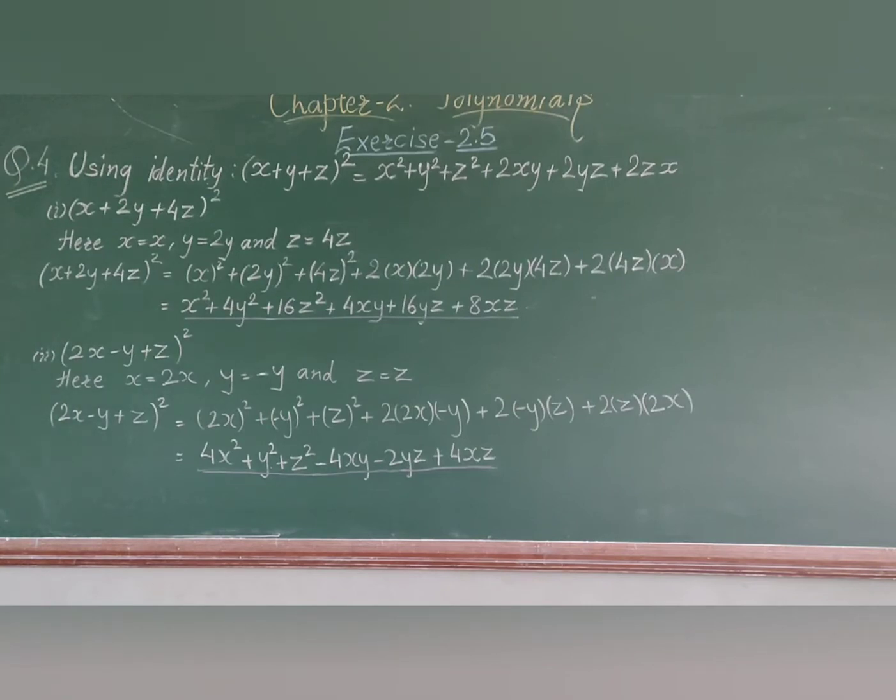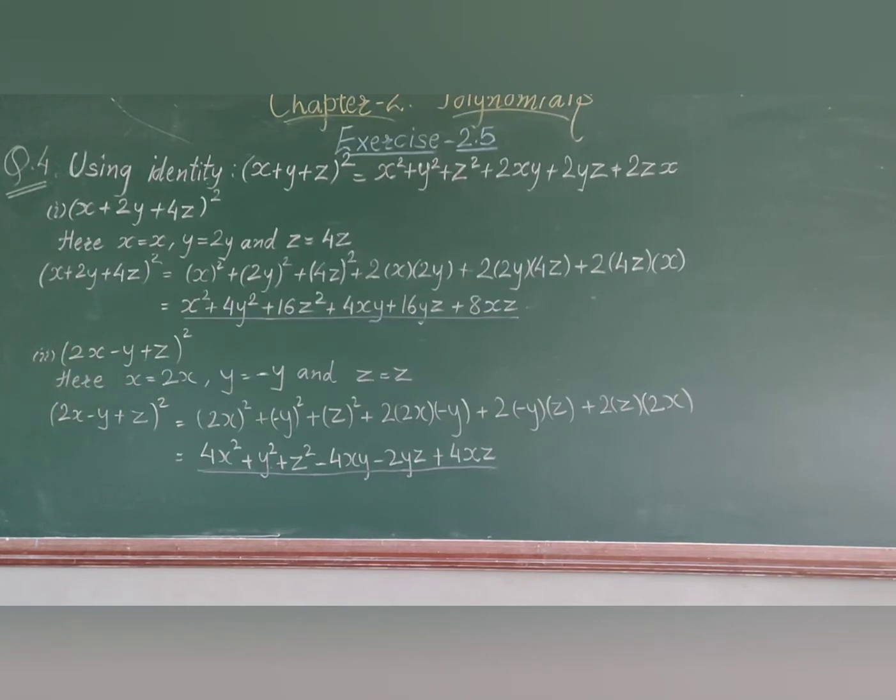Question number 2, 2x minus y plus z. Again, comparing our question polynomial with our identity, we can see that x value is 2x, value of y is minus y, and value of z is z, because plus plus we get the same value.